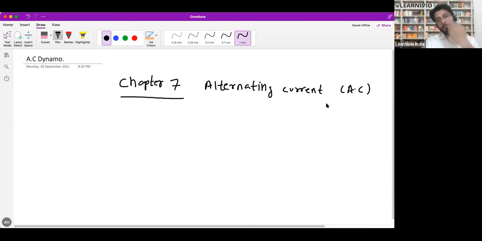But apart from cell or battery, you have another source, which is a dynamo generator. That is an AC source. So that is alternating current, AC current. So we have two types of current basically. One is DC current, which is known as direct current.